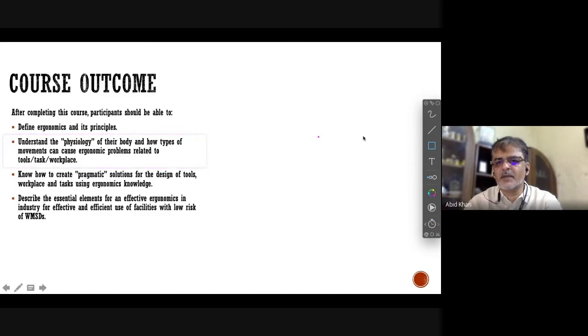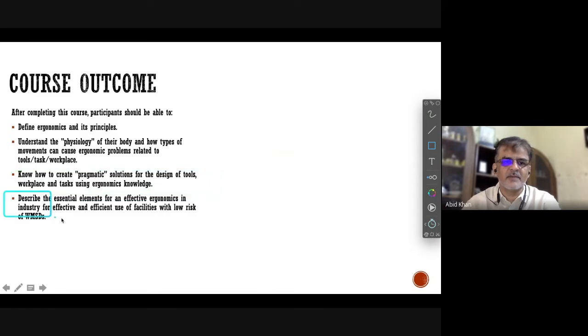These three parameters are very important. Tools, task, workplace. These are three very important things which require redesign. We should know how to create a pragmatic solution for the design of tools, workplace, and tasks.